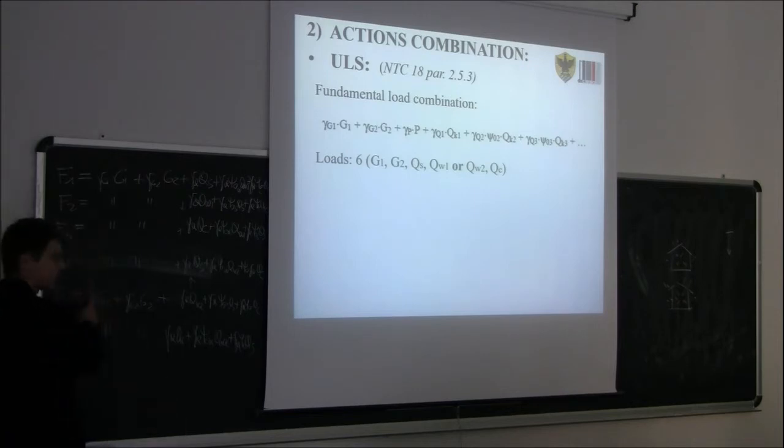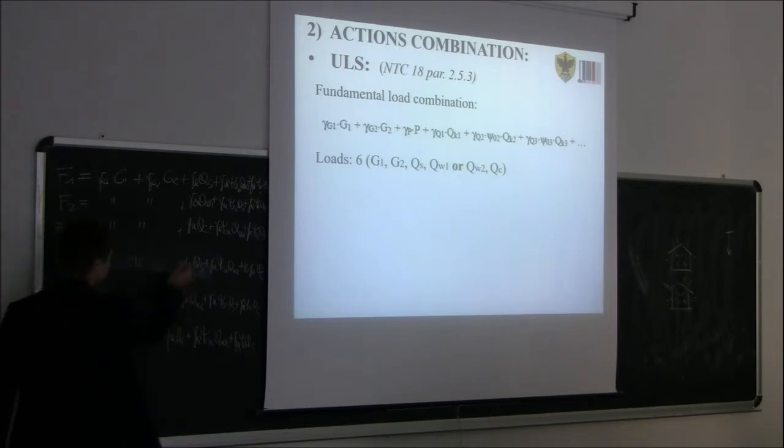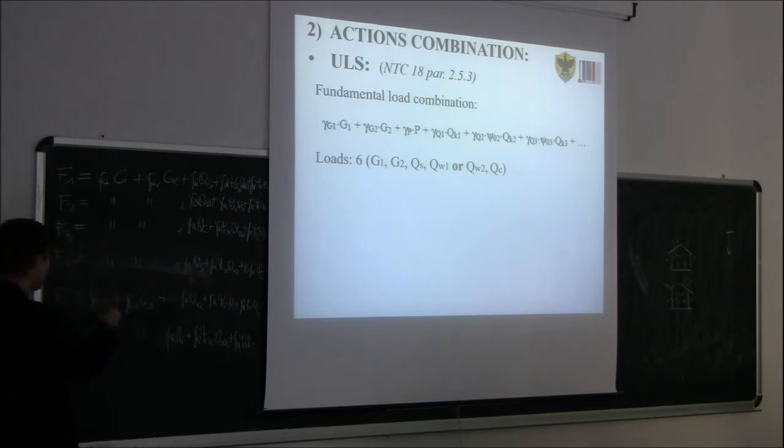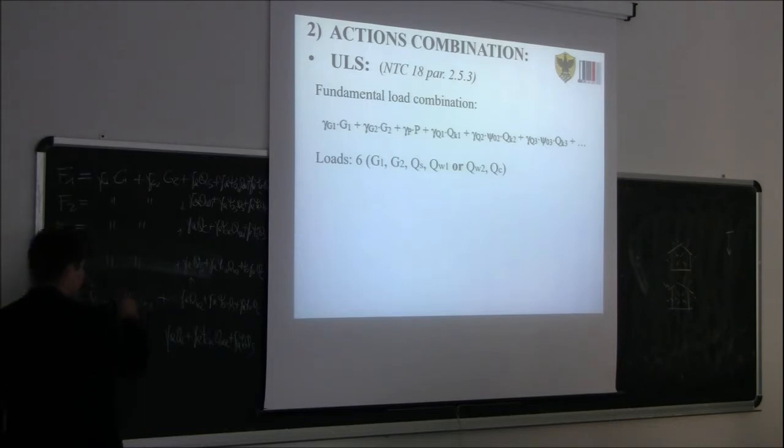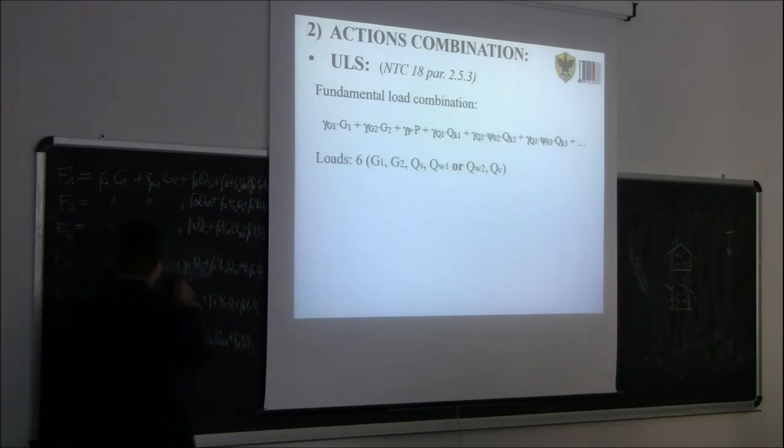So this one, for the self weight, this one is favorable in this case, because it's opposite. This is uplifting, this one is going down. So for here we would give 1.0. And for gamma G2, it's 0.8, so it would be 0.8 in this case. Then this one is 1.5.